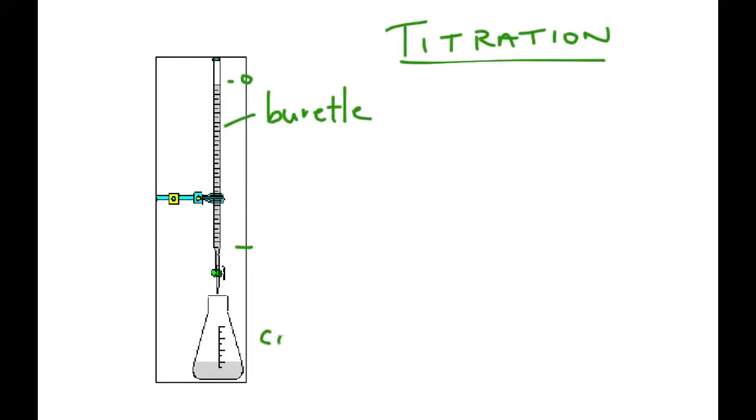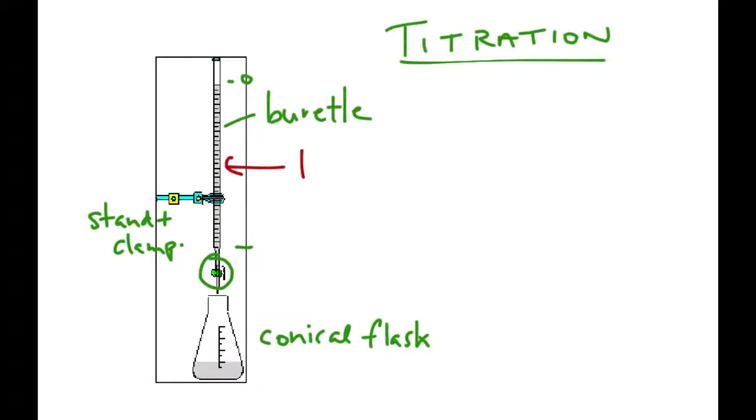Then you had a conical flask or a beaker down here, and you had a little tap on the end of the burette that you could turn on and off, and it was held in place by a stand and a clamp. Then you filled up the burette with hydrochloric acid, and in the flask you had some sodium hydroxide. And you remember, this is the base, this is the acid.